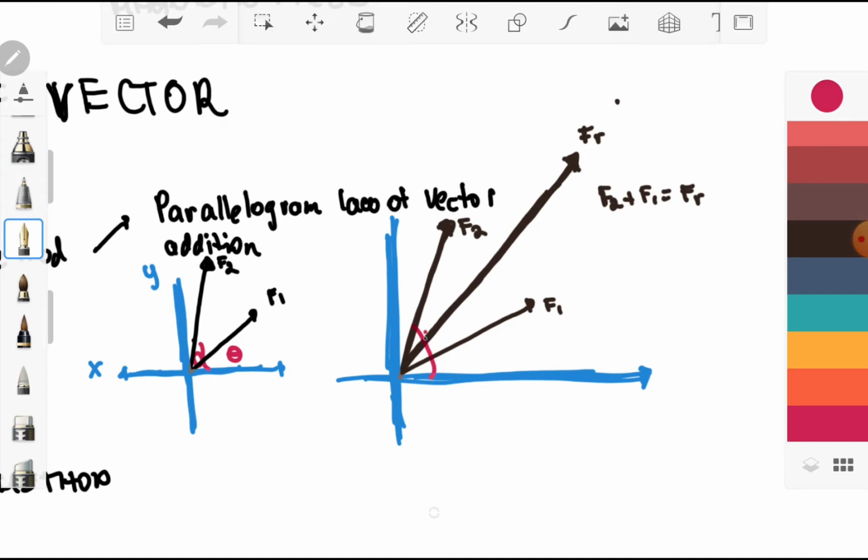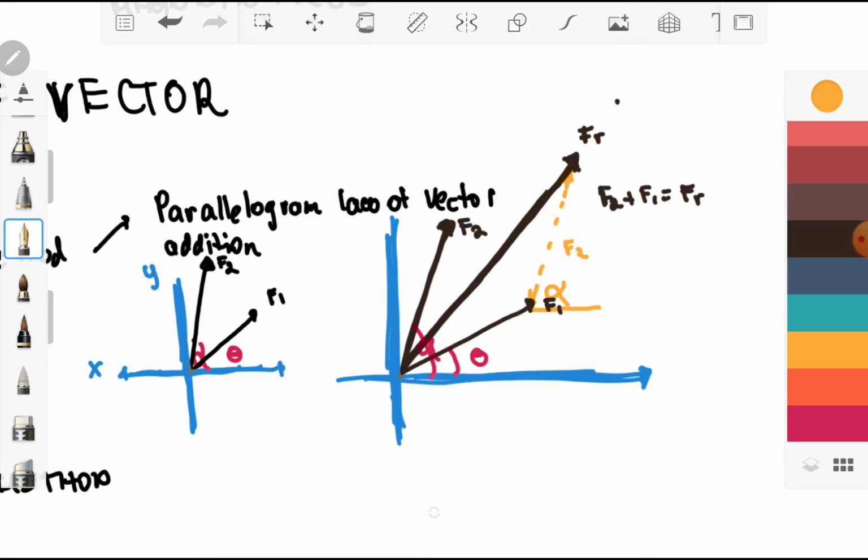Take note that F2 has angle alpha and F1 has angle theta. So I will project my F2, with the angle alpha.